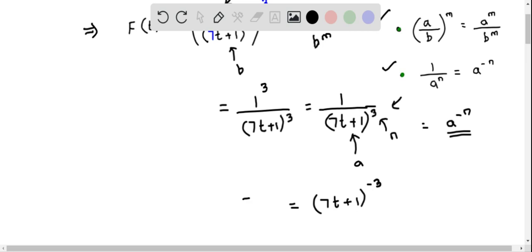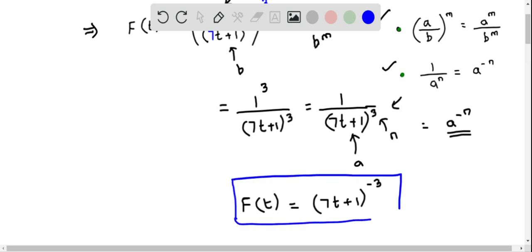So this is the simplified form of the function f of t without the fraction, using the negative exponent. That is, f of t equals (7t plus 1) raised to the power of negative 3.